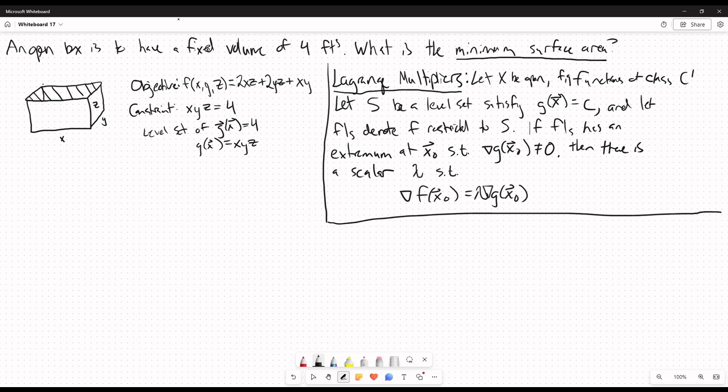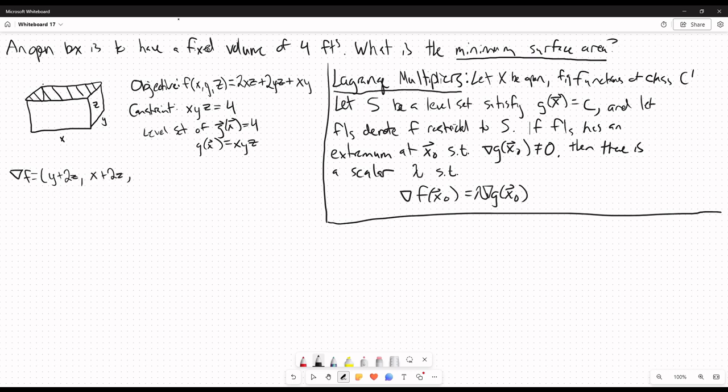Now, what's this going to say? We know the gradient of f, so let's go ahead and find these things. The gradient of f is going to be, well, the partial with respect to x is going to be y plus 2z. The partial with respect to y is going to be x plus 2z.